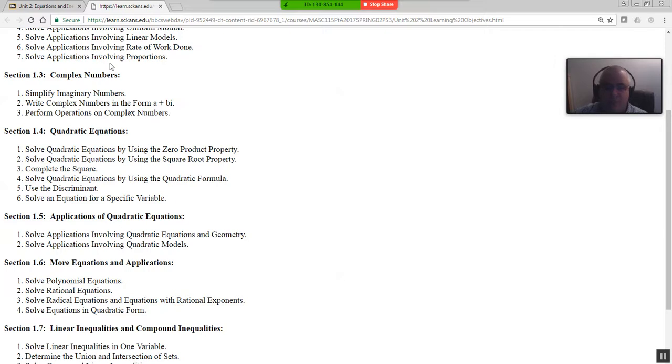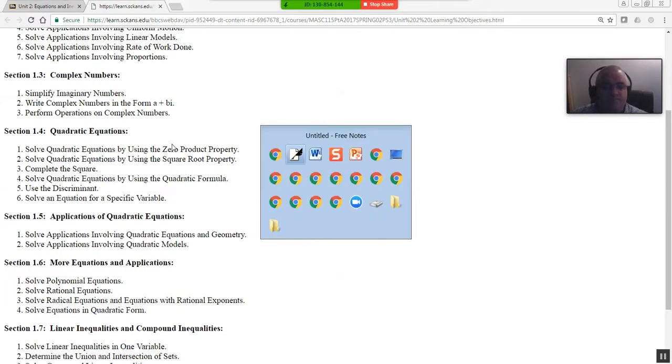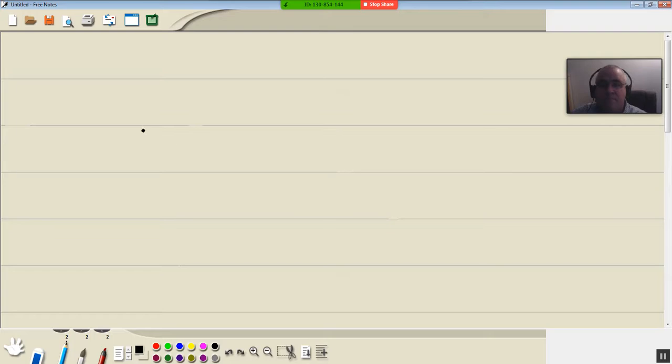Now complex numbers. Let's talk about those. We've got the standard form of a complex number. It looks like this: a plus bi.